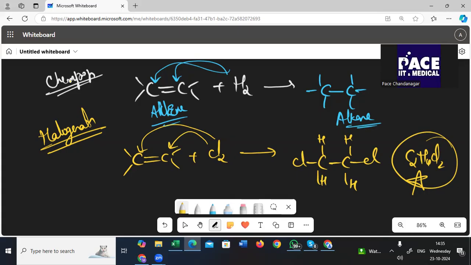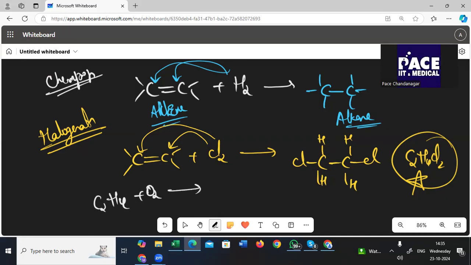Then let's talk about the alkenes, or we can go on with some oxidation properties also, like, any oxidation of any hydrocarbon, or I would say combustion of any hydrocarbon will give you H2O plus CO2, which means C2H4 plus O2, which is burning in the presence of oxygen, will give you CO2 and H2O only, nothing else.